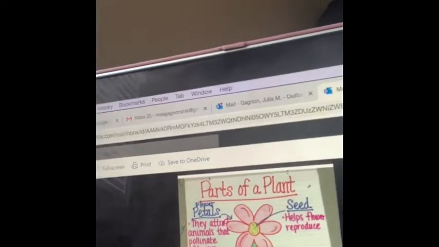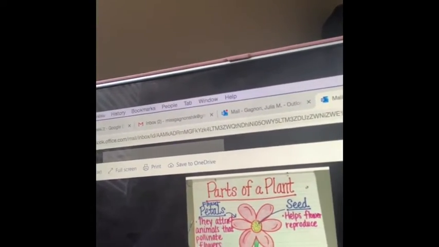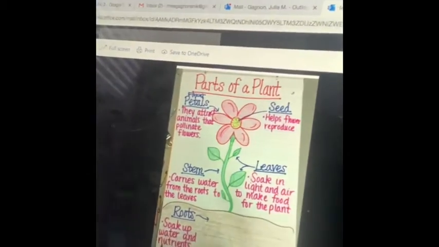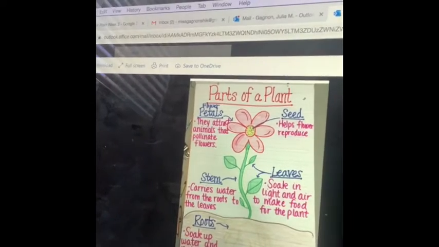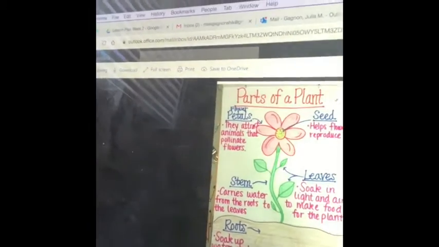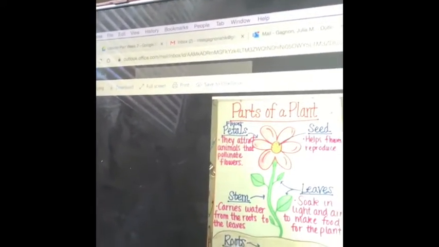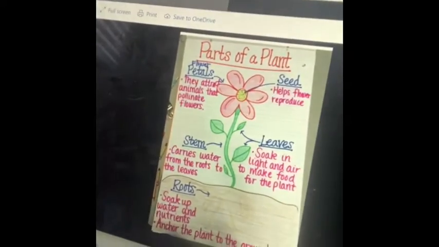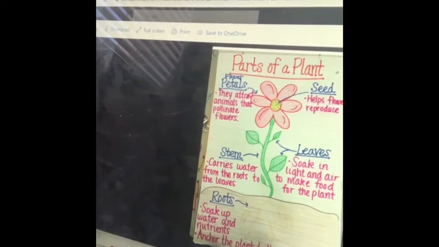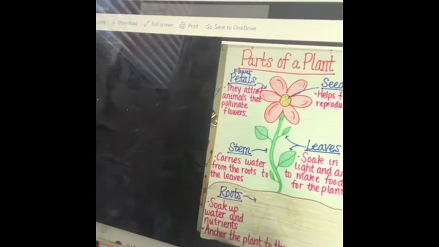And then right here you have the leaves, and that's probably one of the parts you're most familiar with. So the leaves soak in light and air to make food for the plant, and I think that's very important. I actually didn't know that, but obviously plants need light, and the leaves are actually the ones that soak it in, which I had no idea.